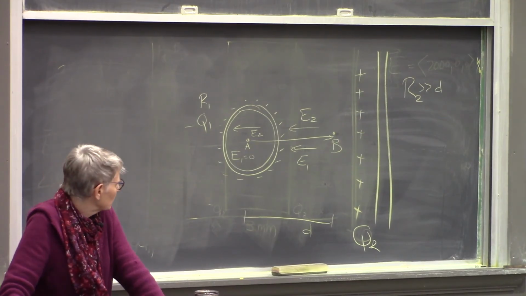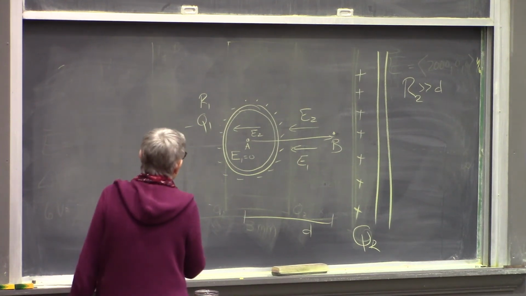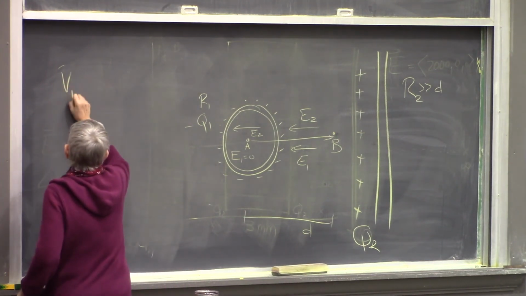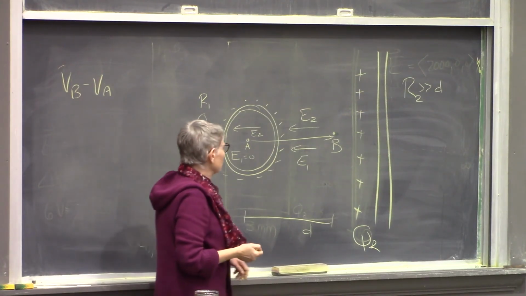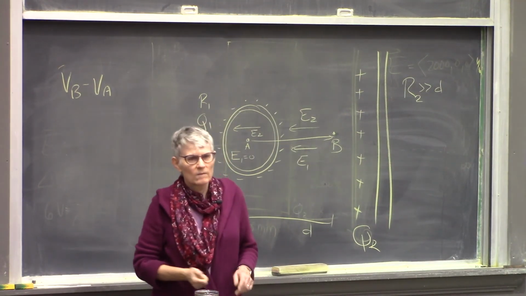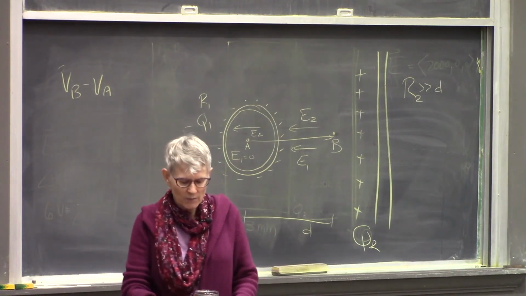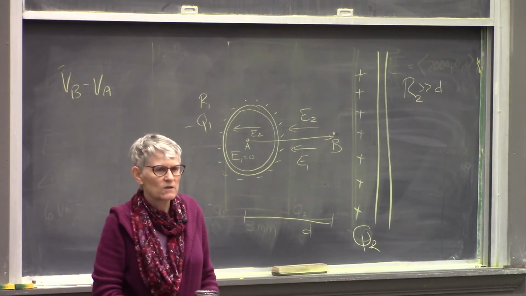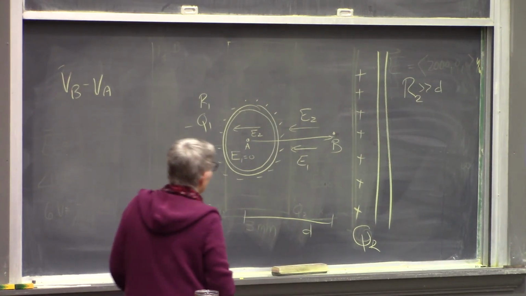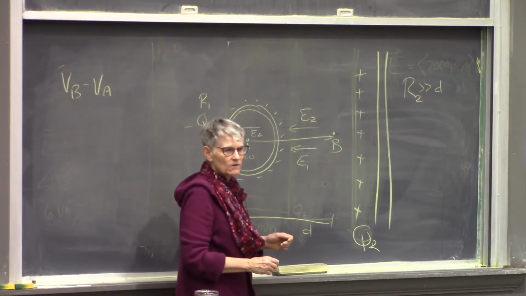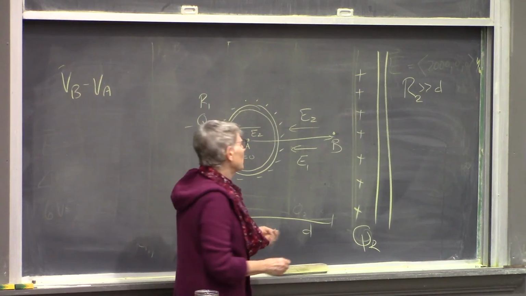So to get this potential difference, are we going to want to break up our path into different pieces? We are, aren't we? What are the logical pieces to break up the path into? Okay, inside and outside.